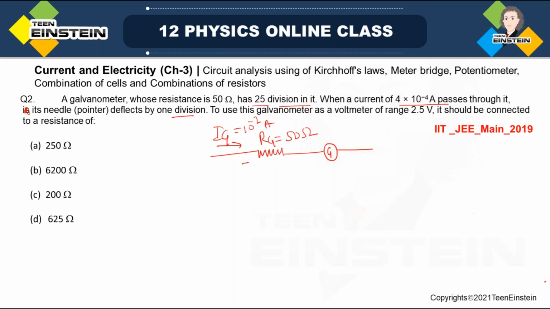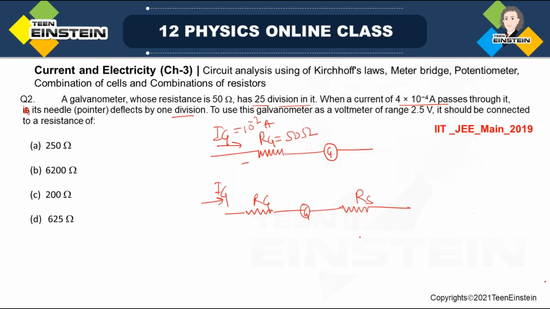Now when we have to use this galvanometer as a voltmeter, we know that we have to connect the galvanometer with a very high resistance in series, say Rs. This is G, the galvanometer, this is Rg, and the current flowing through it is Ig.